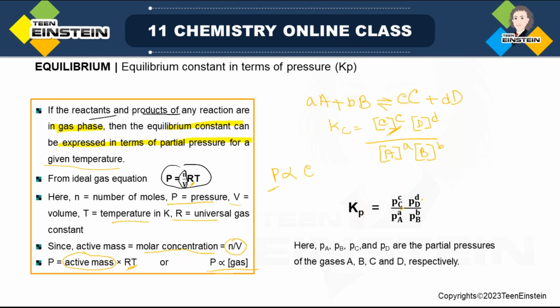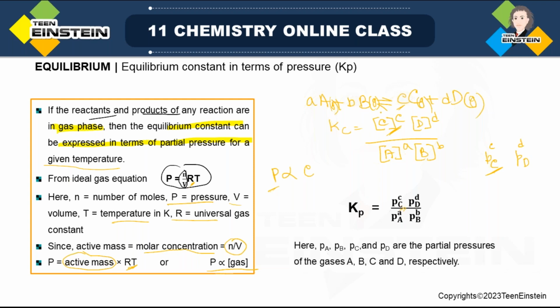So here you see P of C, that means pressure of the gas C. And remember, all these are now gases. That is why we are using it. So this is the partial pressure of C, raised to the power of its stoichiometric coefficient, which is small c. Then the partial pressure of product D raised to the power small d.